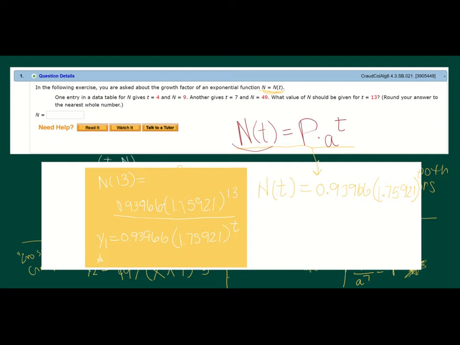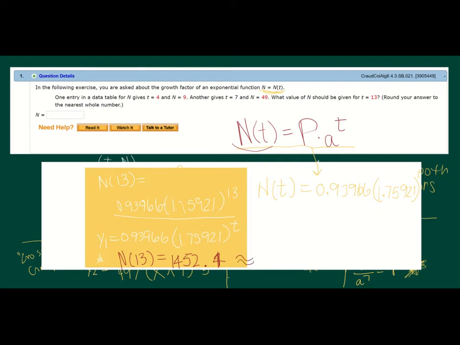All right, so I typed this into my calculator, and n of 13 for me turned out to be approximately 1452.4 (I'm only writing that first decimal place because we're rounding to the nearest whole number).